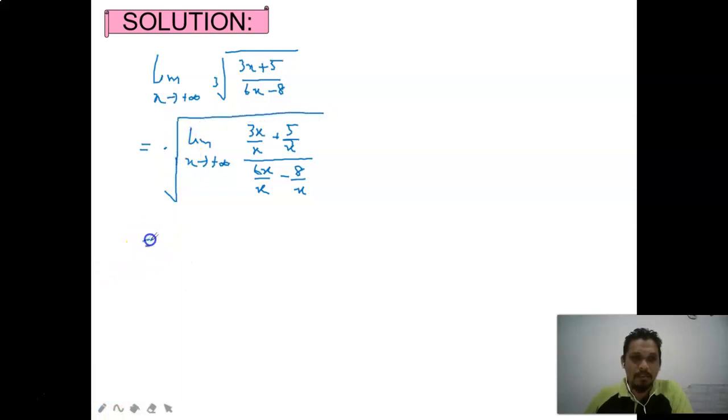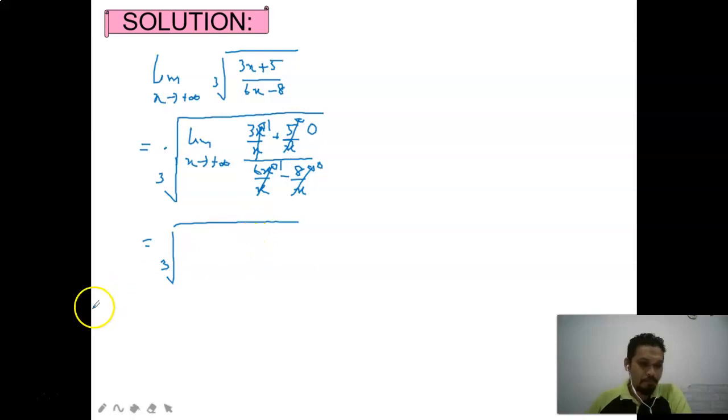So then, now let's see: x divided by x equals 1, and 5 divided by x, when x approaches positive infinity, equals 0, so this also gives you 0, and x divided by x equals 1. I'll show you that we divide by x with every single term that we have here.